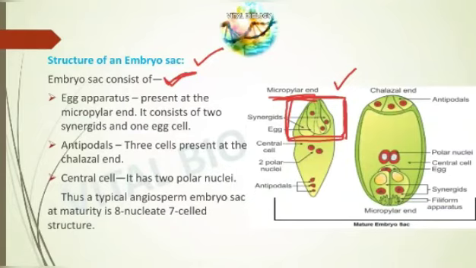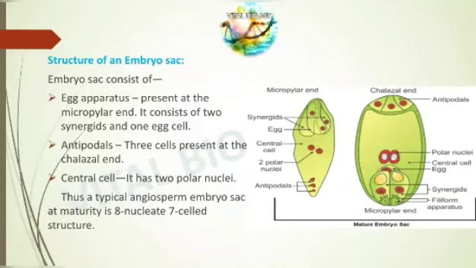Here you can observe the presence of 2 synergids, bag like structures, right? So these are the 2 synergids, and 1 egg cell is present. At the other end, the chalazal end, there are 3 antipodal cells.